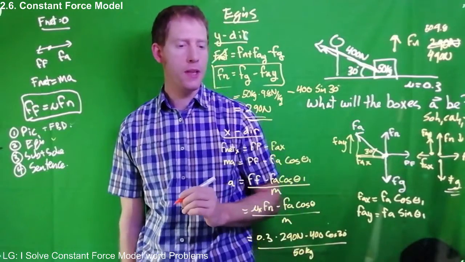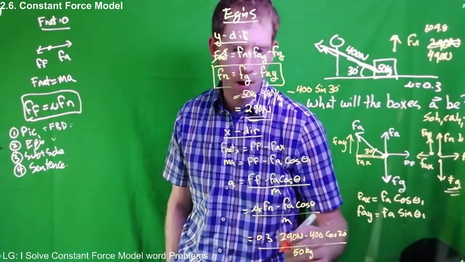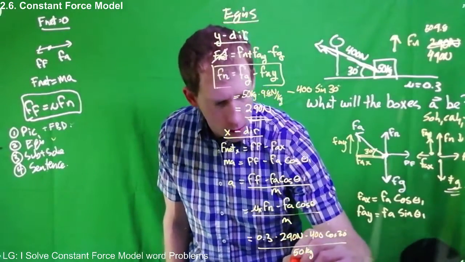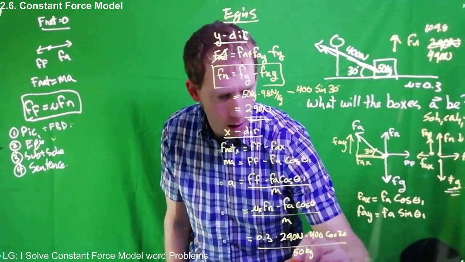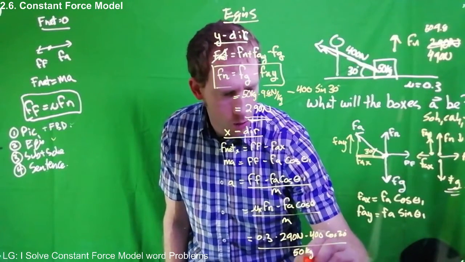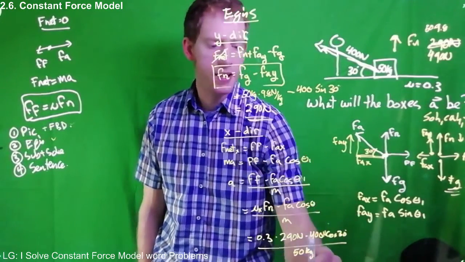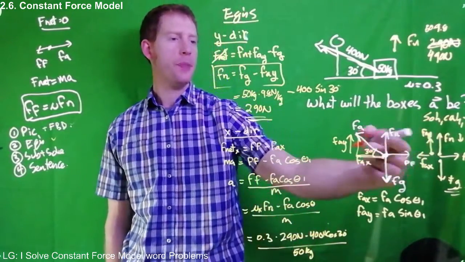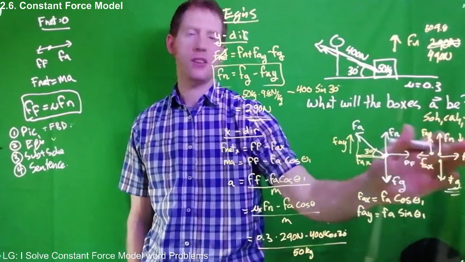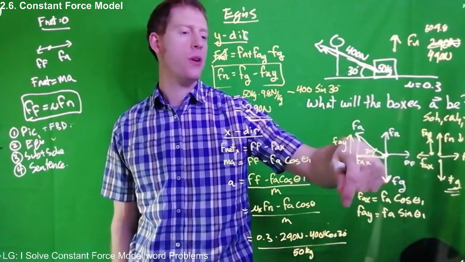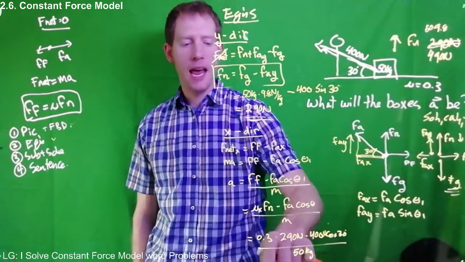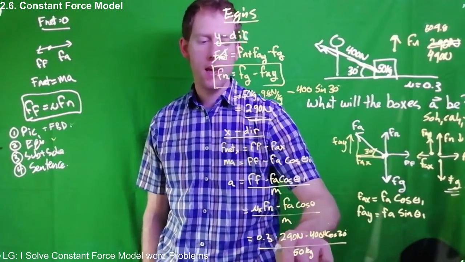And then what would be the units here? Meters per second squared. Okay, we got acceleration. So what does this negative mean? Since we said to the right is positive, it means the box is going to accelerate to the left at a rate of 5.18 meters per second squared.